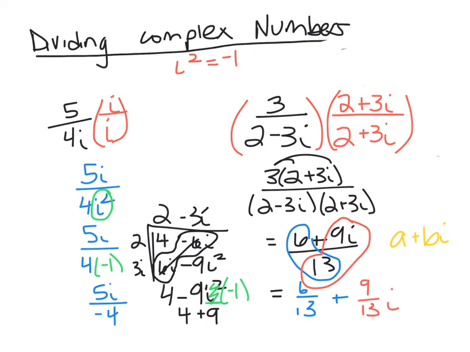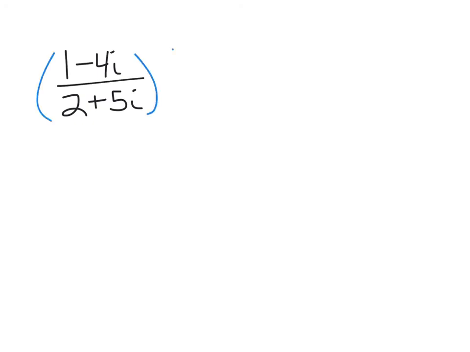Now, let's look at one more problem. Say I have 1 minus 4i over 2 plus 5i. All right, so I don't like having i's in the denominator, so I'm going to multiply by the conjugate.